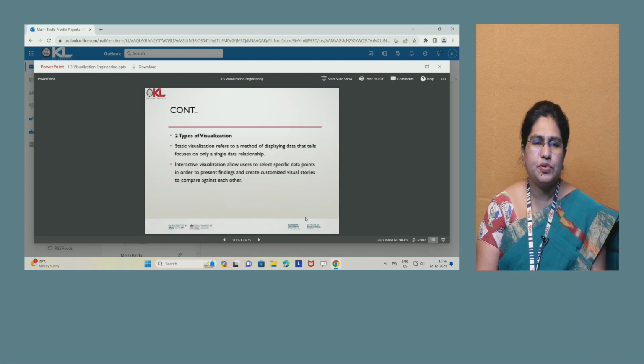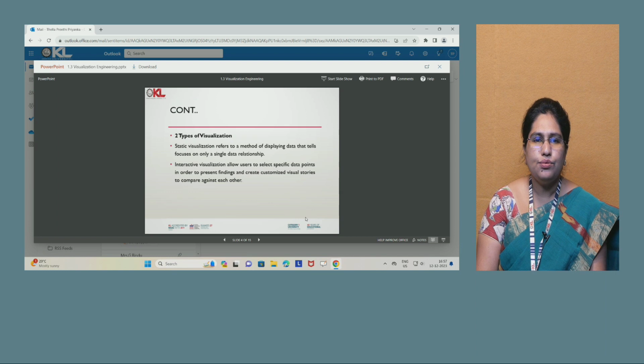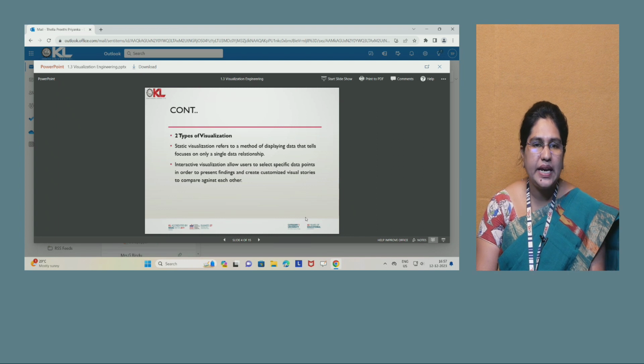There are two types of visualization. The first is static visualization and the second is interactive visualization. Static visualization displays data that focuses on only a single data relationship, whereas interactive visualization allows users to explore specific data points, present findings and create customized visual stories to compare against each other.